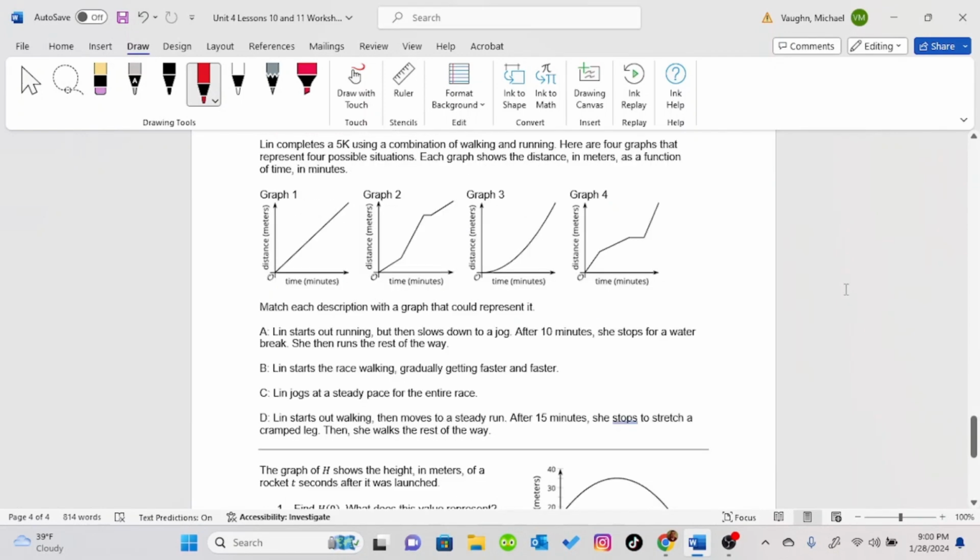Lynn completes a 5K using a combination of walking and running. Here are 4 graphs that represent 4 possible situations. Each graph shows the distance in meters as a function of time in minutes. Match each description with a graph that could represent it.